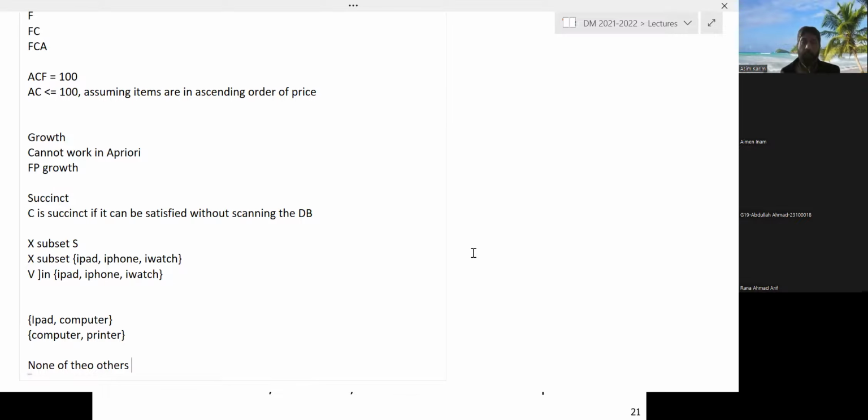But if there are multiple convertible constraints, then a priori cannot do all of them together. Of course, in FP growth algorithm, again, multiple won't be handled, but FP growth can handle convertible with other constraints easily. Okay. Because of course, as you know, we do F list there. So, okay, so that's about constraints.